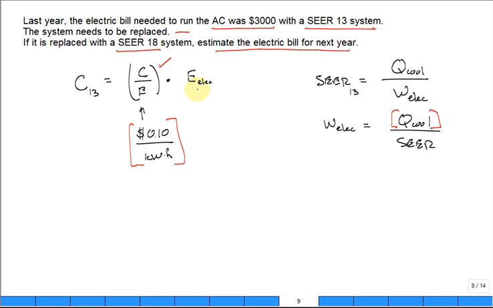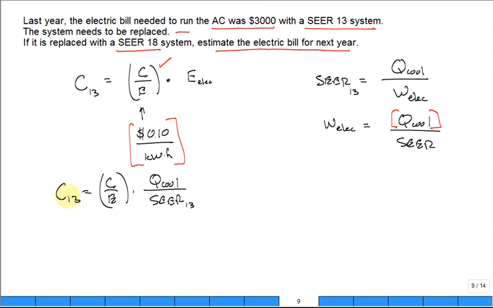I can now substitute here. Let me write it down here. C13 is equal to the cost of the electricity times how much electricity I purchase, which is how much cooling I use over the summer, divided by the SEER number for that. And here I'm going to write that for 13.